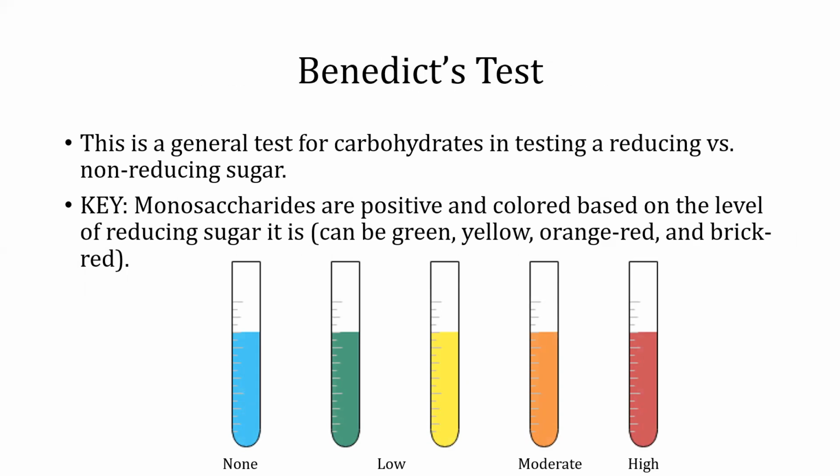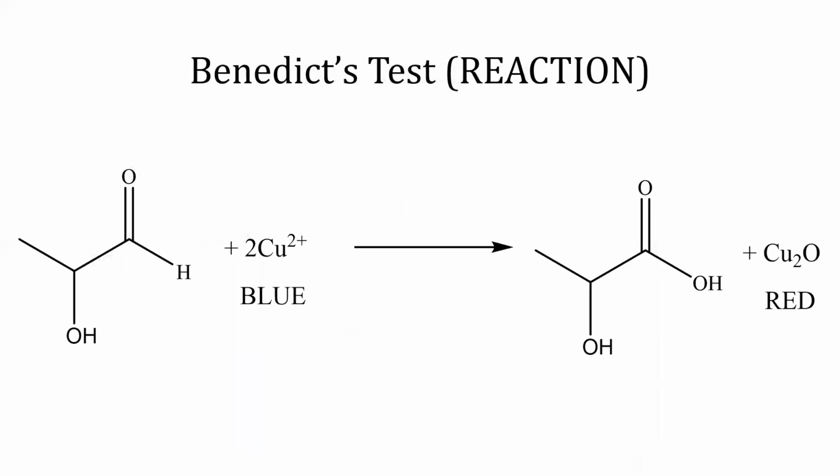Positive results can have a green, yellow, orange, red, or brick red color. Here is a reaction where the brick red precipitate is formed under Benedict's test with the alpha hydroxy aldehyde.